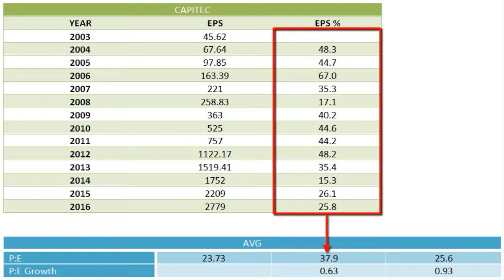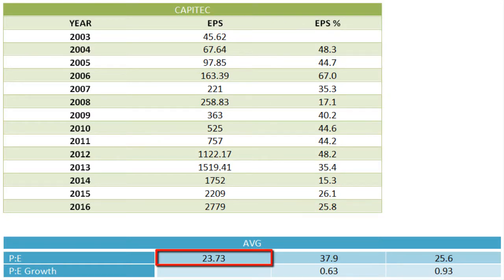The price-earnings ratio is 23.73, which puts this company on a PE growth ratio of 0.63, which means that this company, despite its high price and its high PE ratio, is nonetheless probably cheap. And certainly it is cheaper than Standard Bank, which is obviously another bank and therefore comparable.